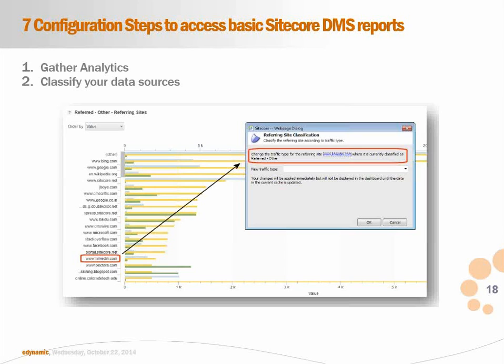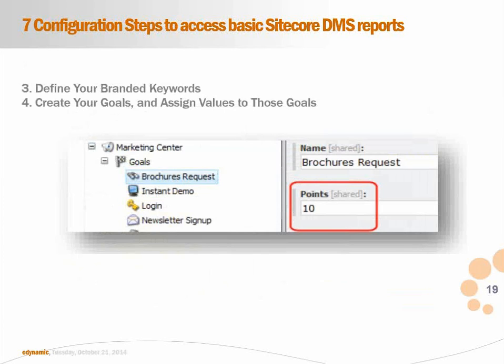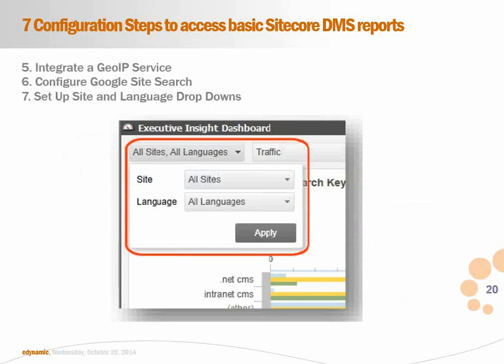The first step is to gather analytics. You have to classify your data sources. You have to define your branded keywords. Don't forget to assign goals and assign values to your goals. Integrate with GeoIP services such as MaxMind.